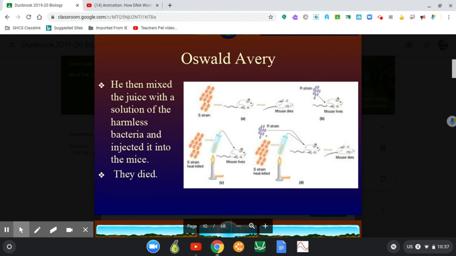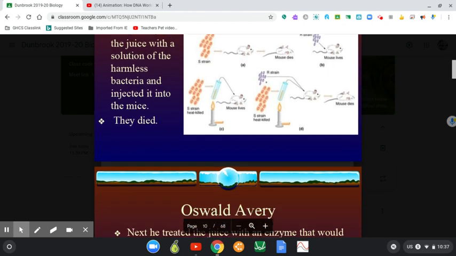In other words, he's narrowing down the chemical that is the stuff of genetics, or the stuff of genes. He came to realize, after he isolated all these different chemicals and shot them into mice, that the ones that got the bad DNA from the bad bacteria are the mice that died.